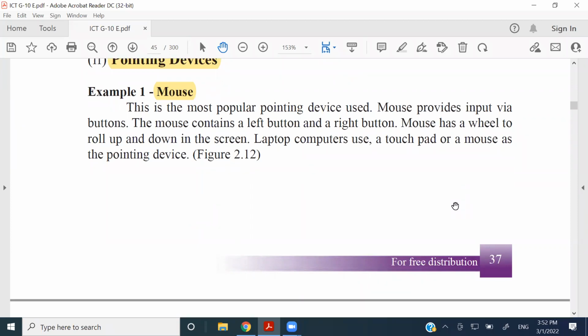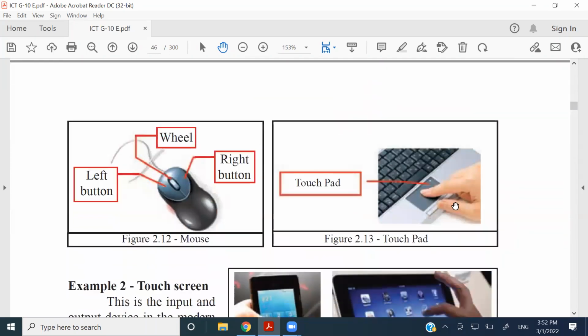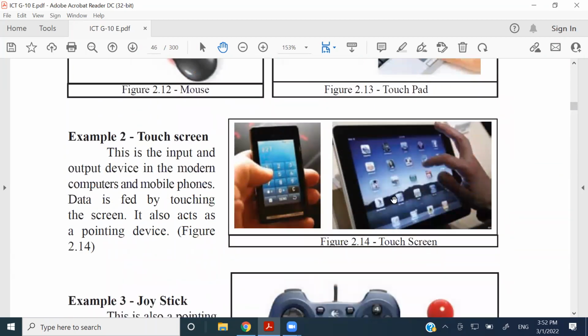Right, moving forward, second device is touchpad.